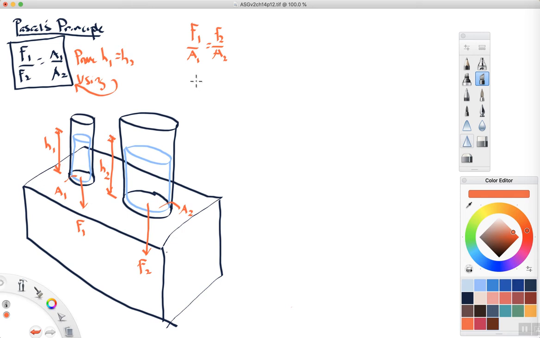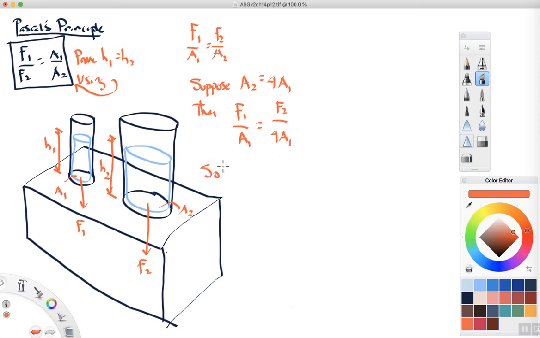Now let's suppose, for example, that area 2 is 4 times area 1. So this here is 4 times as big as that. If that's the case, then F1 over A1 equals F2 over 4 times A1.